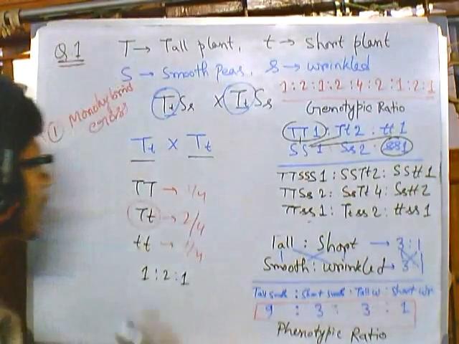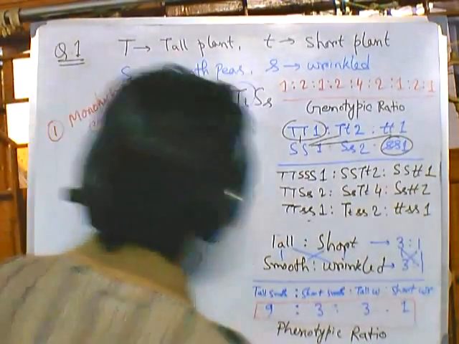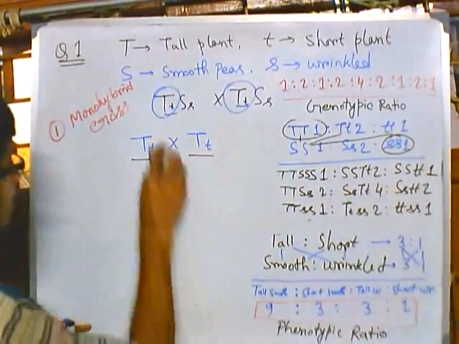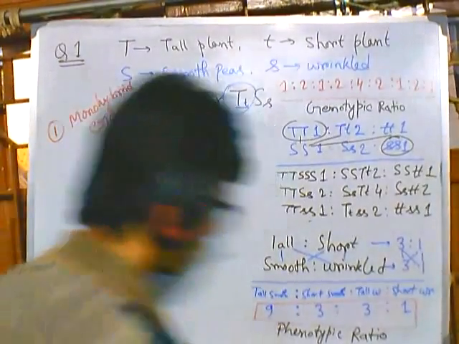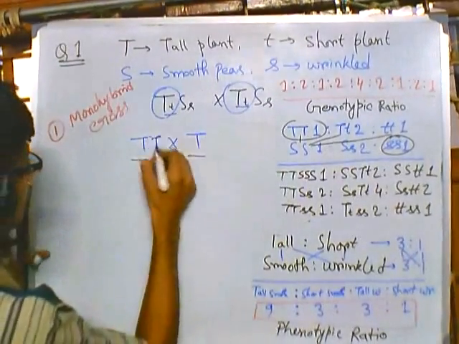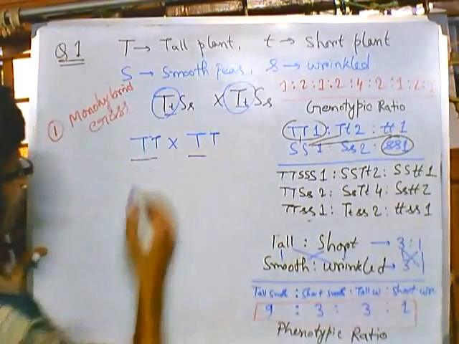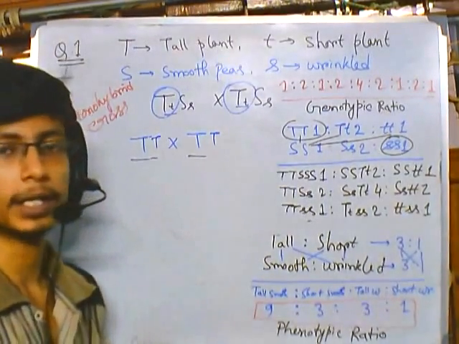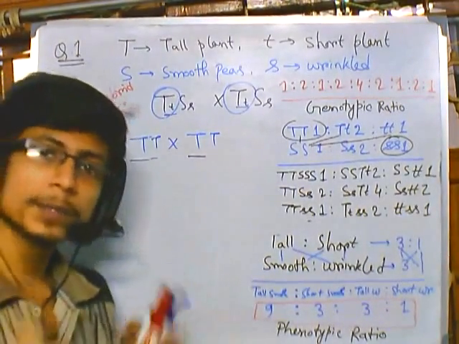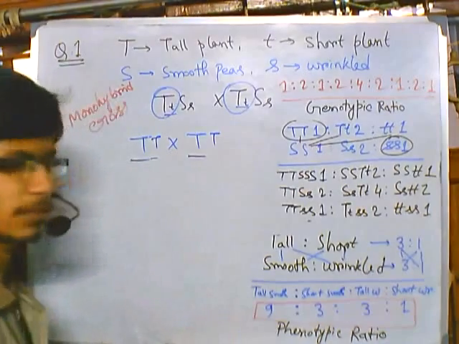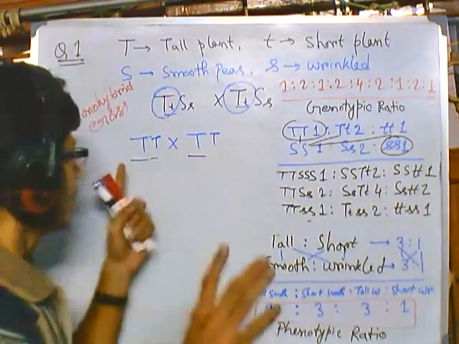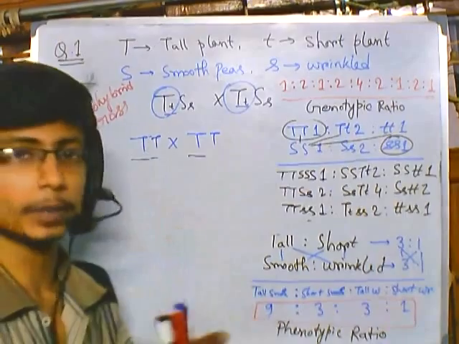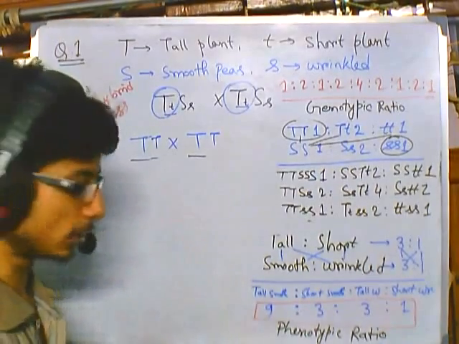Get it? Now if the cross is between two homozygous, if the cross is between two homozygous dominant, all the offspring will be homozygous dominant. Sorry, if both of them are homozygous dominant, then all will be homozygous dominant.